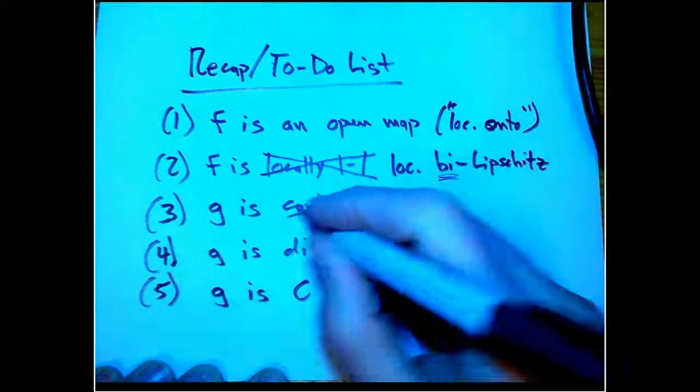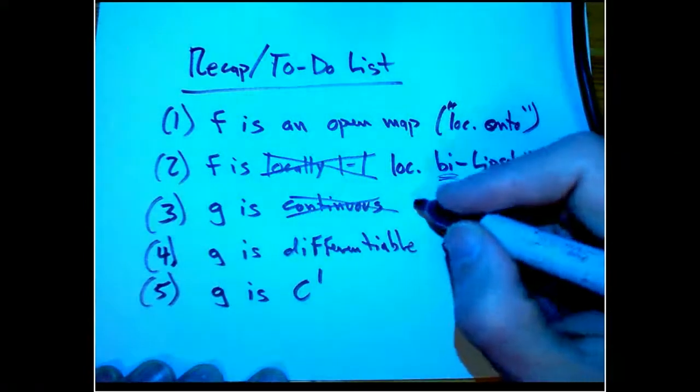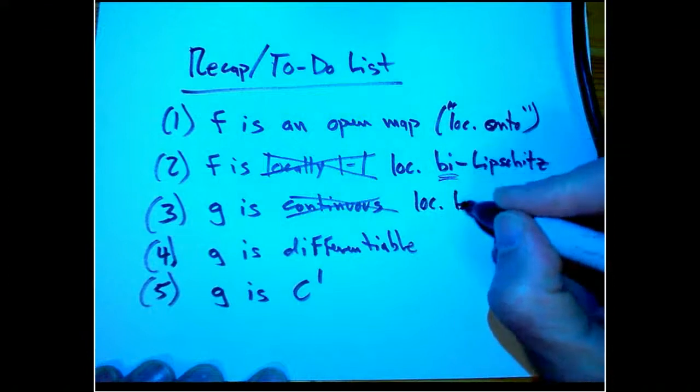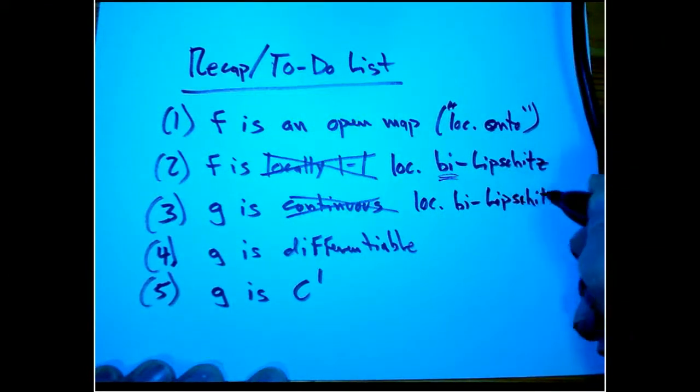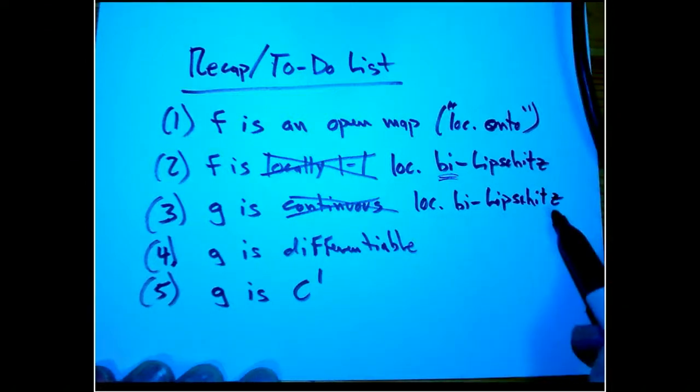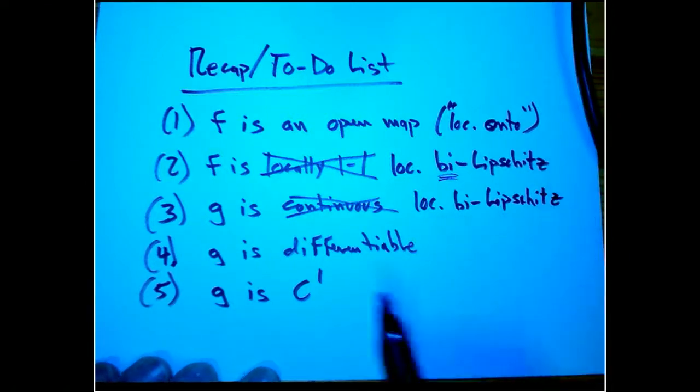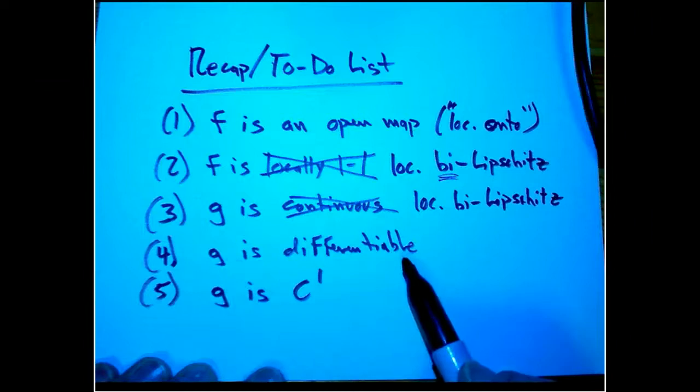And in fact, we now know G is going to be locally bi-Lipschitz as well. That was another exercise: if you can prove this about F, its inverse functions are also going to have the same property. And then in a minute, I'm just going to recap how that was the only really big missing piece in the proof that G was differentiable.